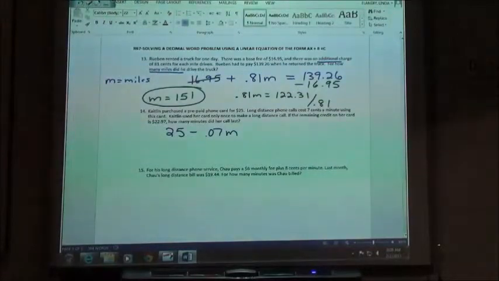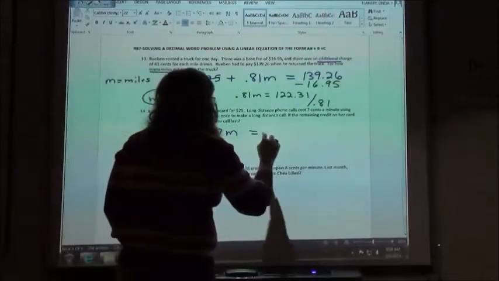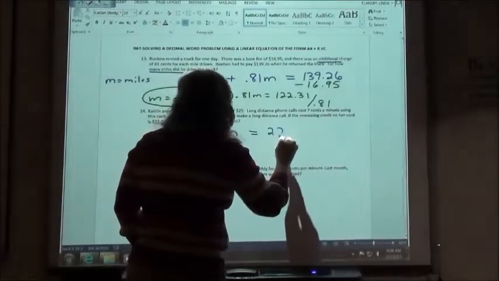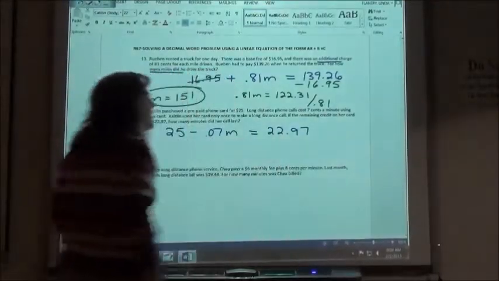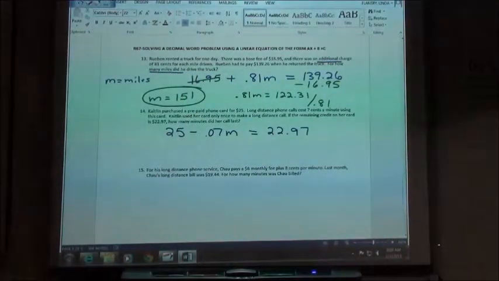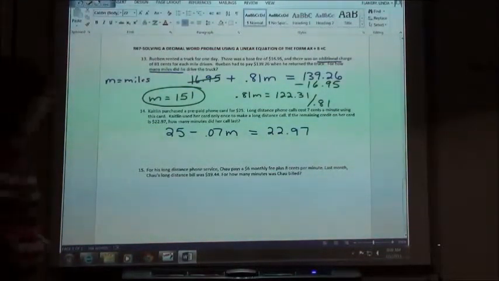So 7 cents per minute means I'm going to take 7 cents times every minute she talked on the phone and subtract it off her $25. After she made her phone call, she had $22.97 left on her card. So 25 minus 0.07 M equals $22.97.